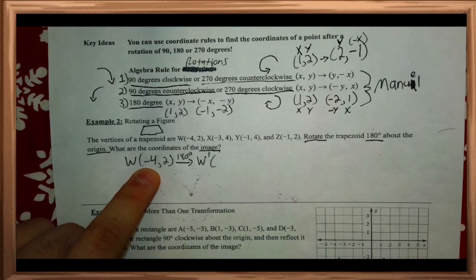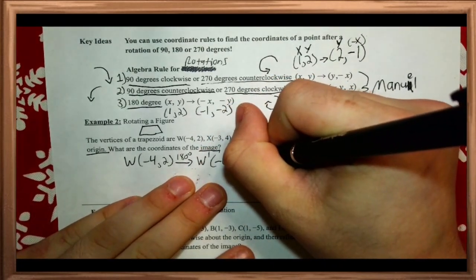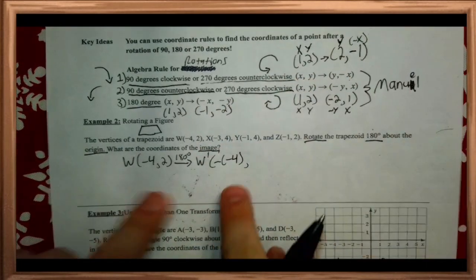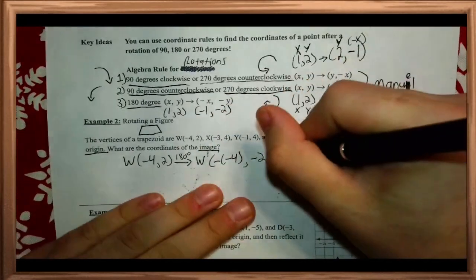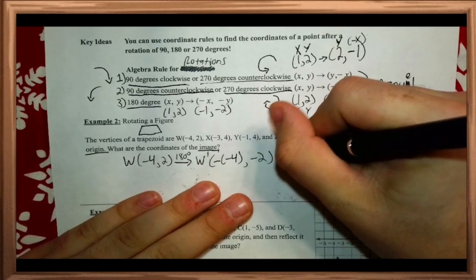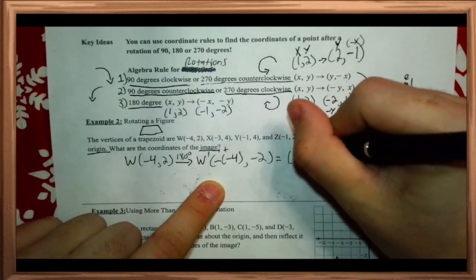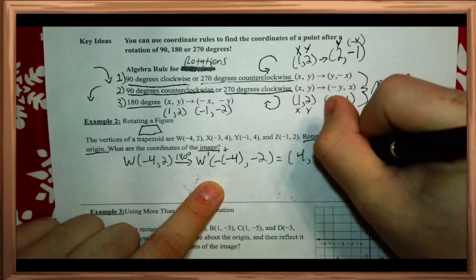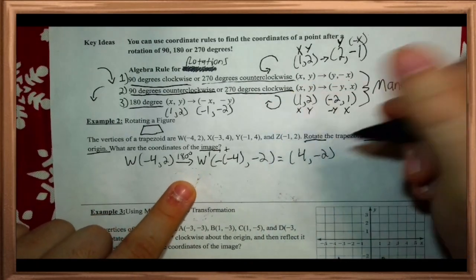Well, what is negative 4? Well, that's going to be positive 4. Double negative is a positive. And then we get negative 2, all right? So we got double negative goes to positive, positive 4, negative 2. And that's our new w coordinate. Let's try x.